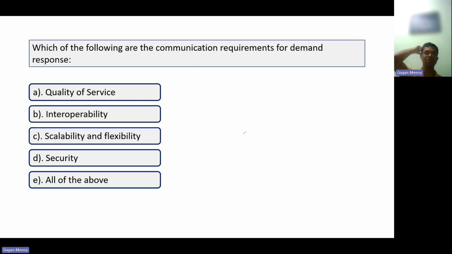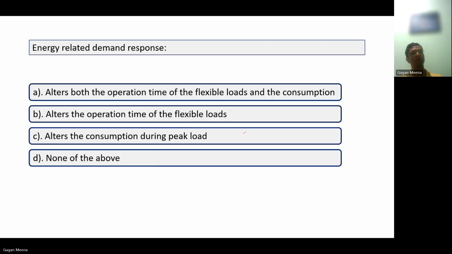Yes, we need quality of service, we need interoperability so that we can use equipment from different operators as far as possible. And then it should be scalable as well. And it should be very flexible to accommodate different requirements of the different stakeholders involved. We always want it to be secure and fight against any kind of cyber attack. So all of the above.